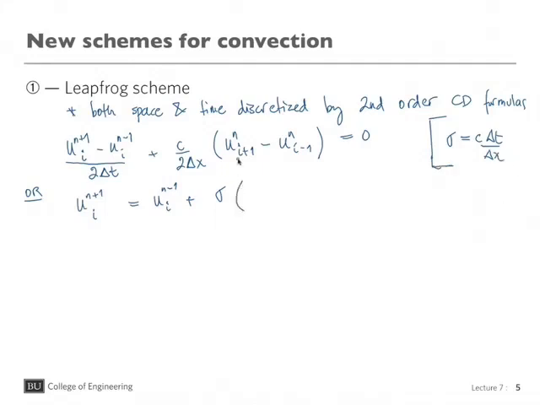So we use this sigma parameter now, our CFL number, times u_(i+1)^n and u_(i-1)^n. Here we are then for our time marching discretization.